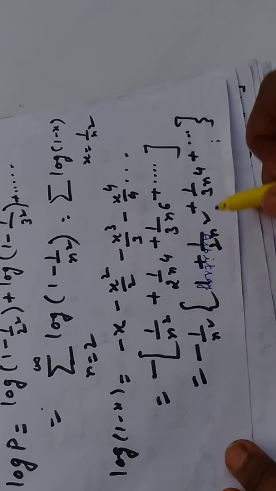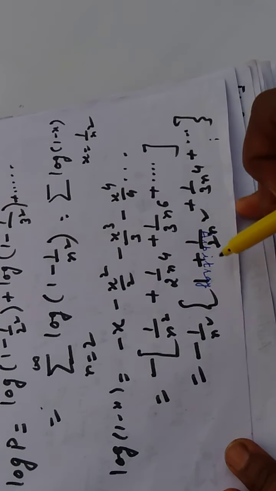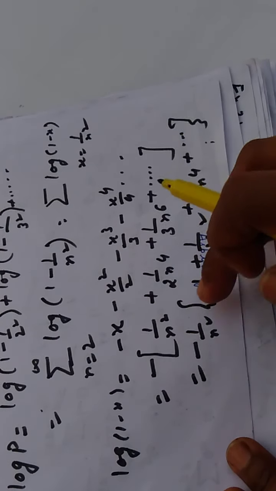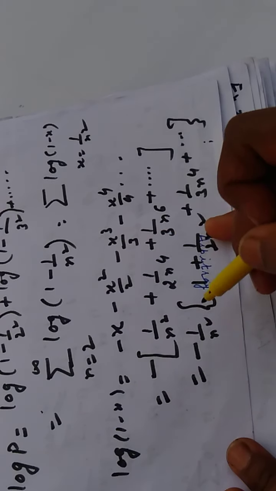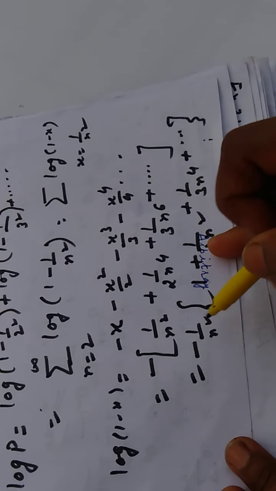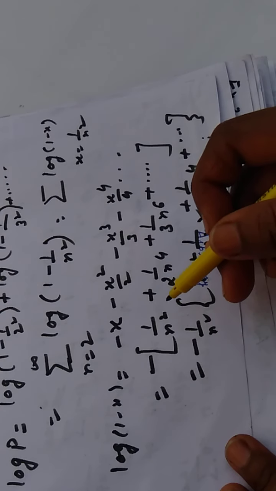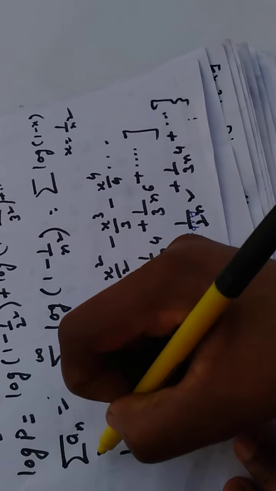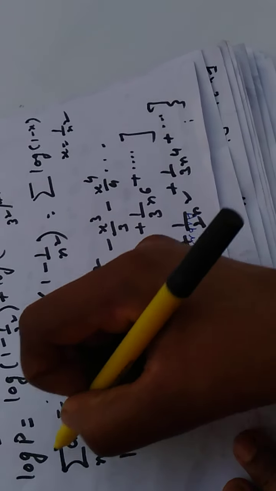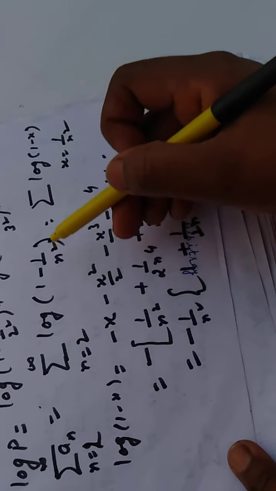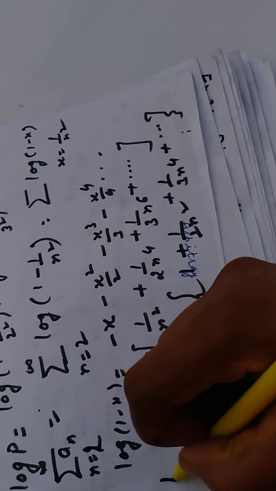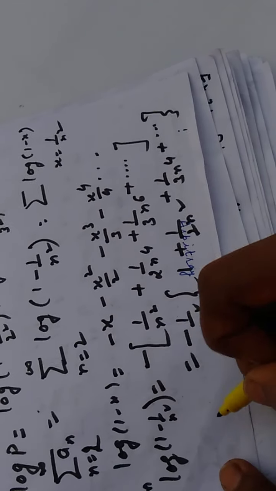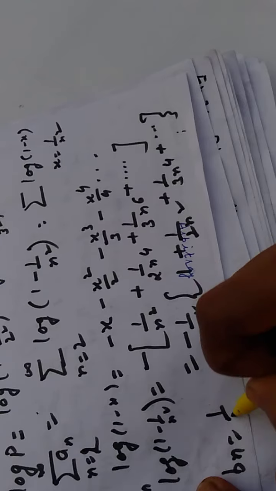If I take the limit n approaches infinity, all these factors will get 0. If I take another sequence, suppose Bn, and write summation an, n varies from 2 to infinity, so an is log of 1 minus 1 by n square.